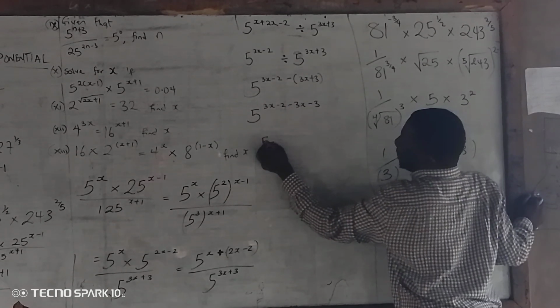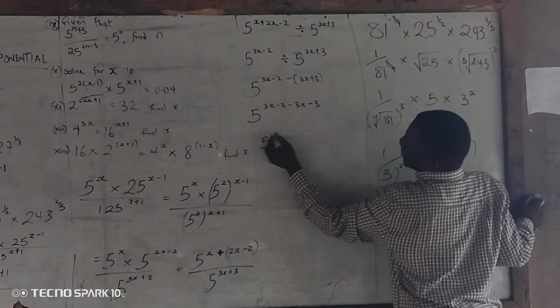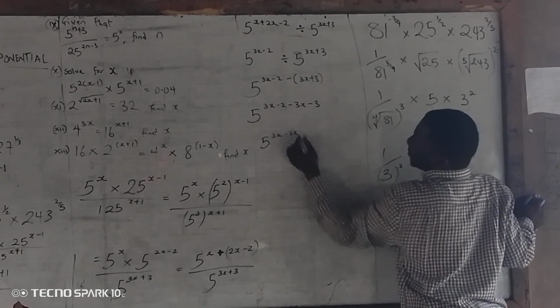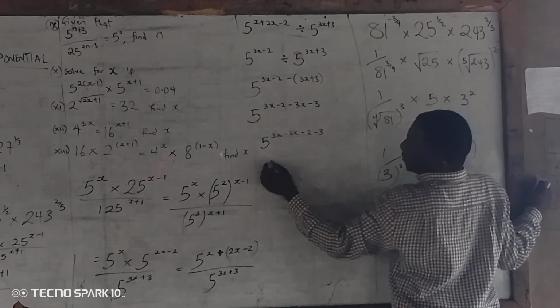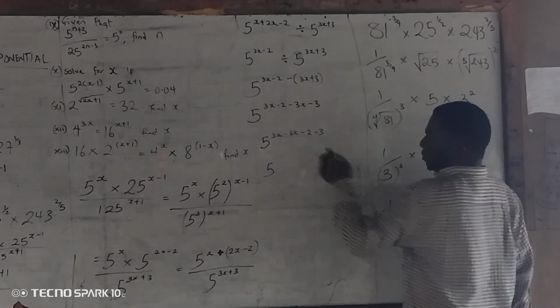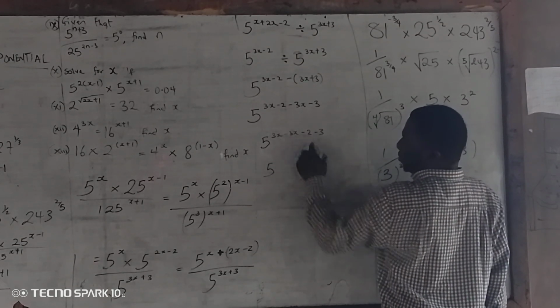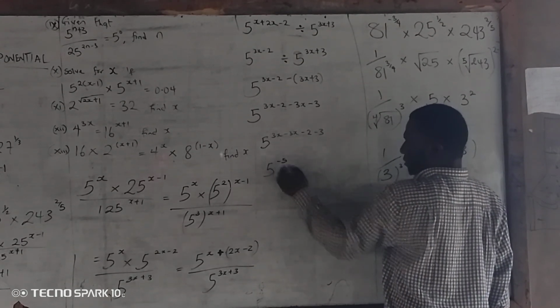So you have 5, we collect like terms, 3x minus 3x, we bring like terms closer together, minus 2 minus 3. 3x minus 3x is gone, it's 0. So 0, we have minus 2 minus 3 will be left, that's minus 5.